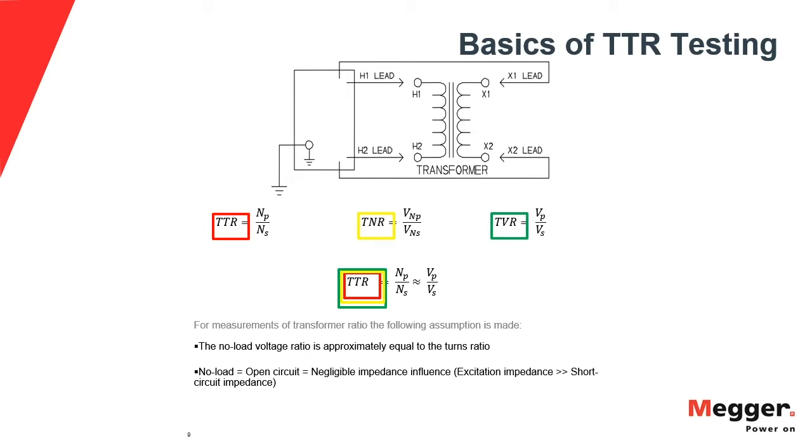So that is the condition that will allow us to say that the TVR we're actually measuring is equal to the TTR, and that's what I have in the center of the slide. Okay.